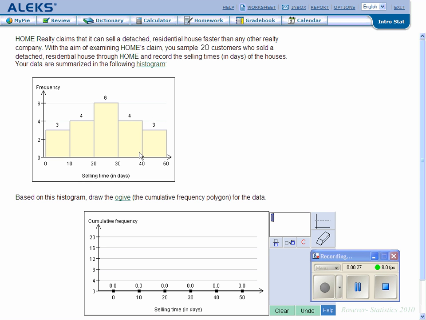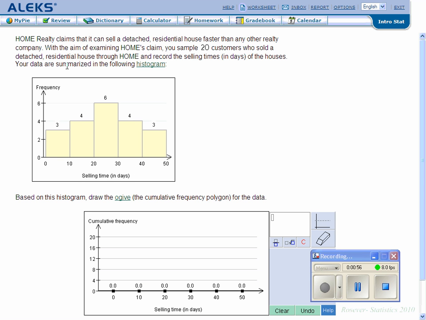Basically, what that entails is just adding and converting to percentages, or in this case, cumulative frequency instead. You see that they had a sample of 20 customers, and the selling times range from 0 to 50.